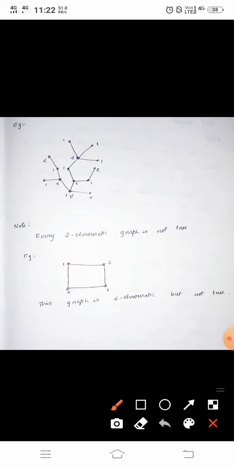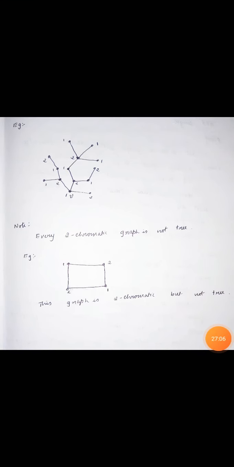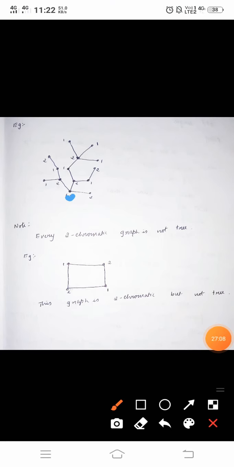The minimum number of edges required to reach from one vertex to another vertex. From here to here, how many edges do I need? 1 and 2. I need 2 edges to move from this vertex to this vertex.